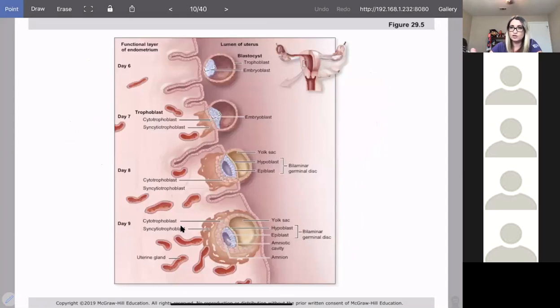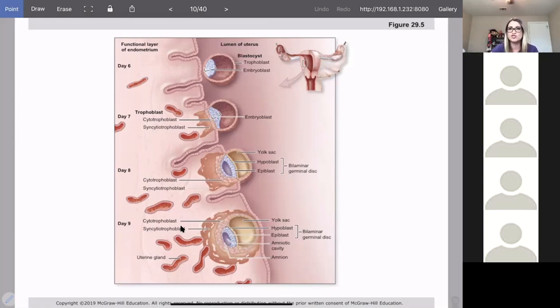A little closer look here at implantation and some changes that the blastocyst is going through. So there's a lot of changes, a lot of different names that are coming up, from one day to another even. We have the blastocyst, which only has embryoblast and trophoblast before it begins to implant into the functional layer of the endometrium.